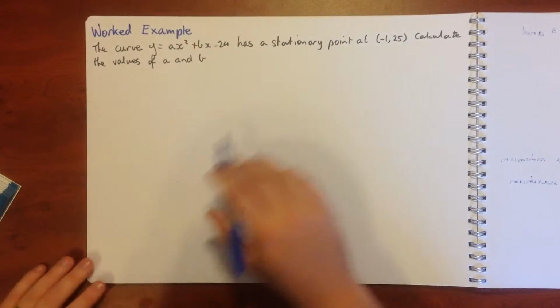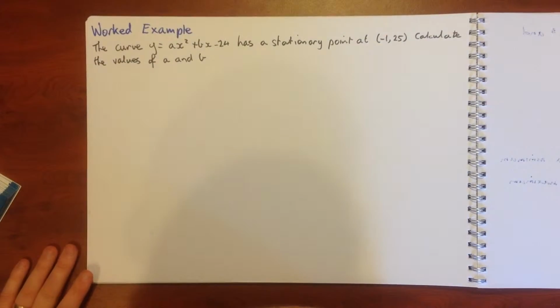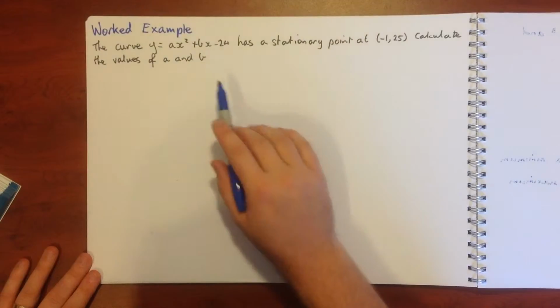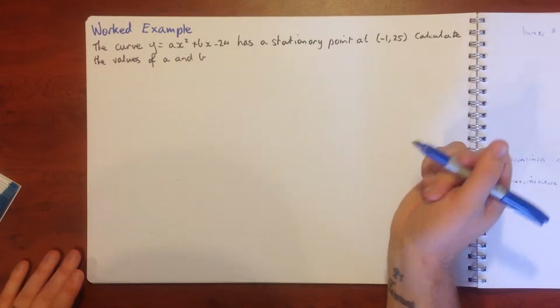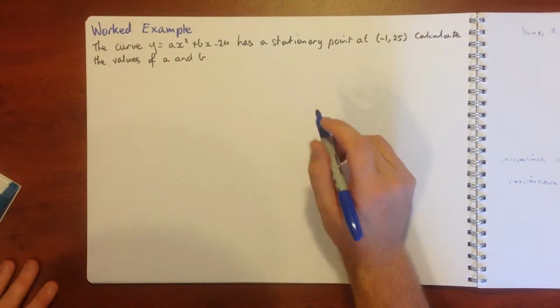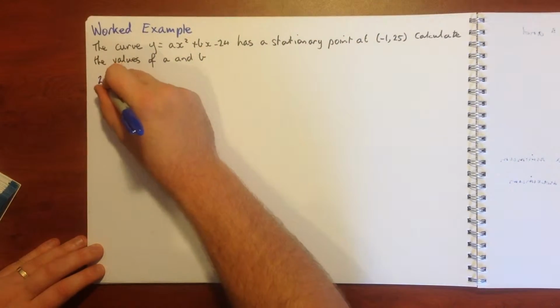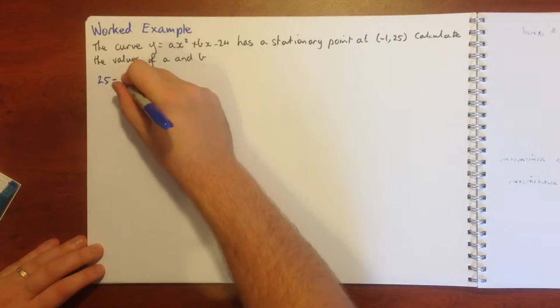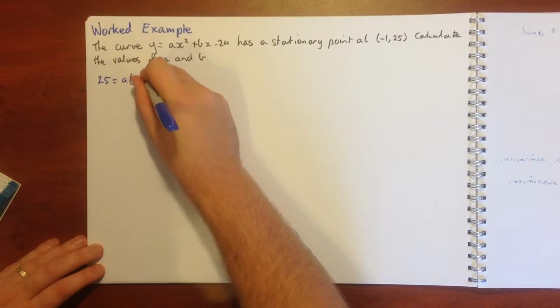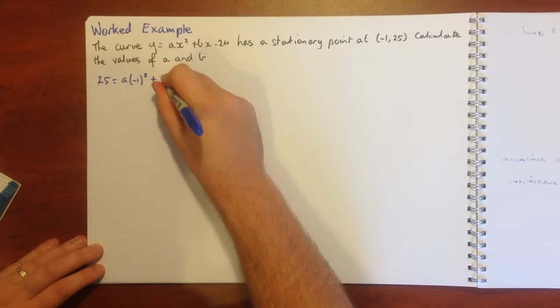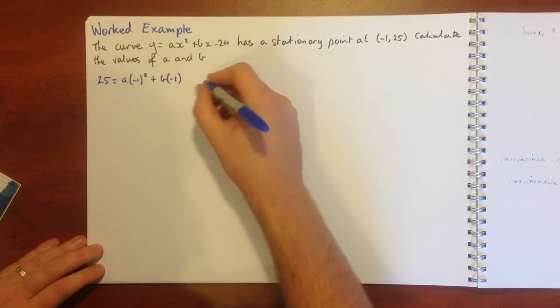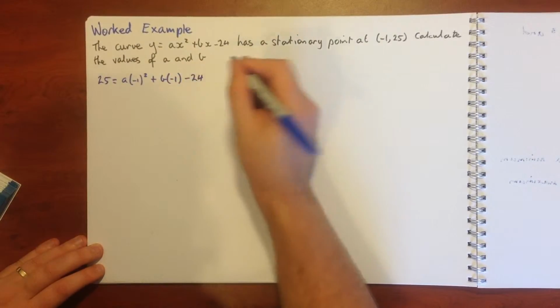So we know that the point (-1, 25) is on our curve. So what we're going to do is sub in those values directly into here. So we've got 25 equals a times -1 squared plus b times -1, take 24.